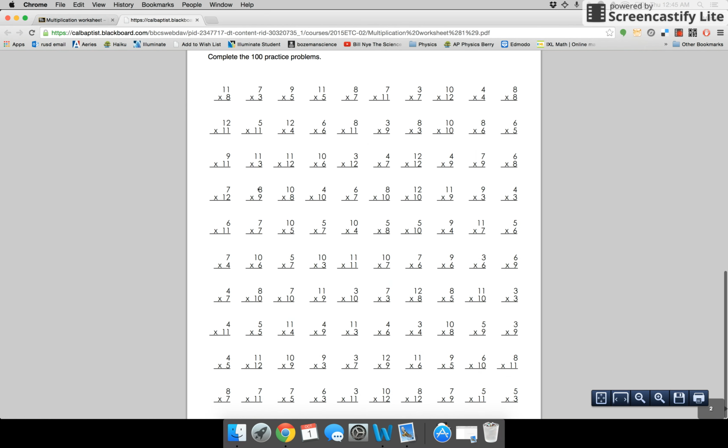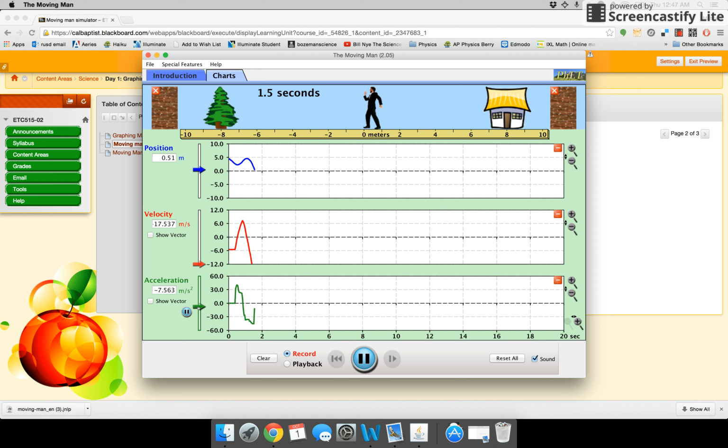This is more of a discovery simulation than it is tutoring. The kids get to just play around with it, figure out what kind of graphs these things make, and see, "Oh, cool, that's what's happening with the man." They can look at the actual situation, and I can adjust my acceleration at the same time and see how the graphs interact with each other.